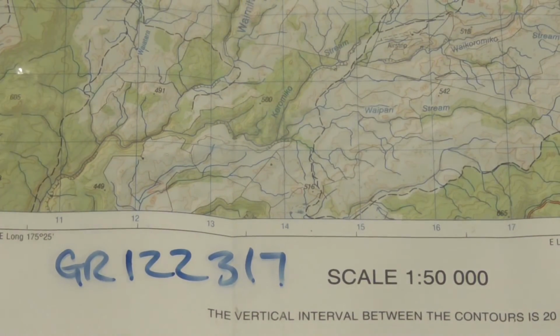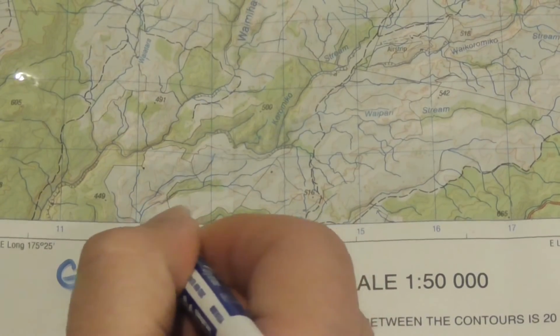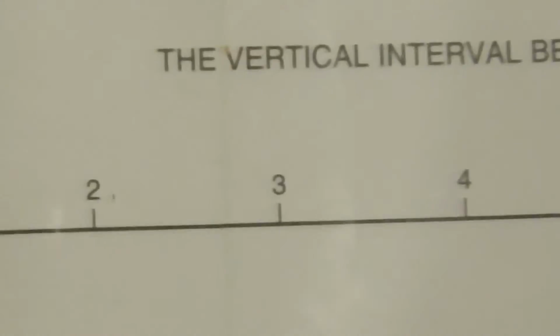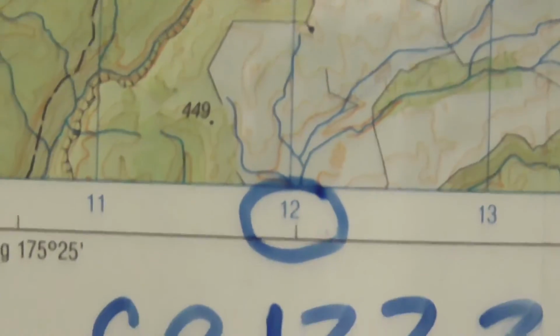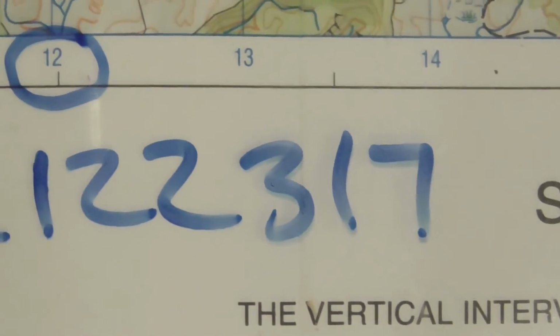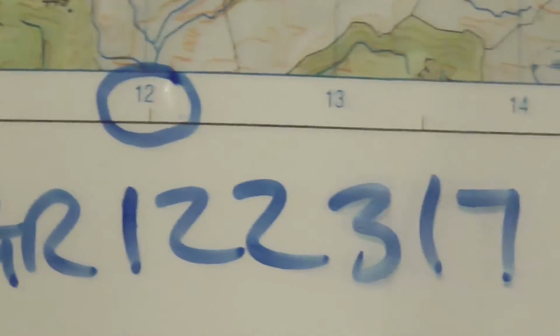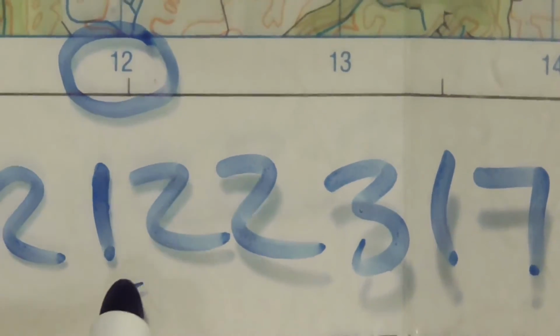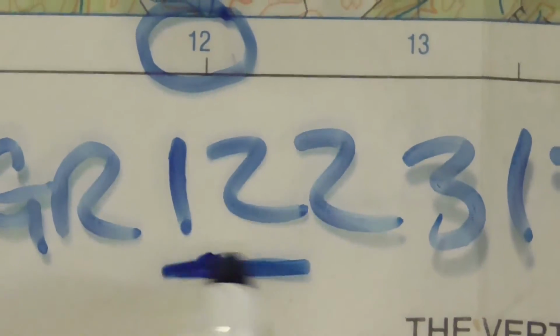There's 1, 2. We're going to bring that up on our map. There's our grid reference 1, 2, 2, 3, 1, 7. And we have number 1, 2. So that's this part. 1, 2 done.